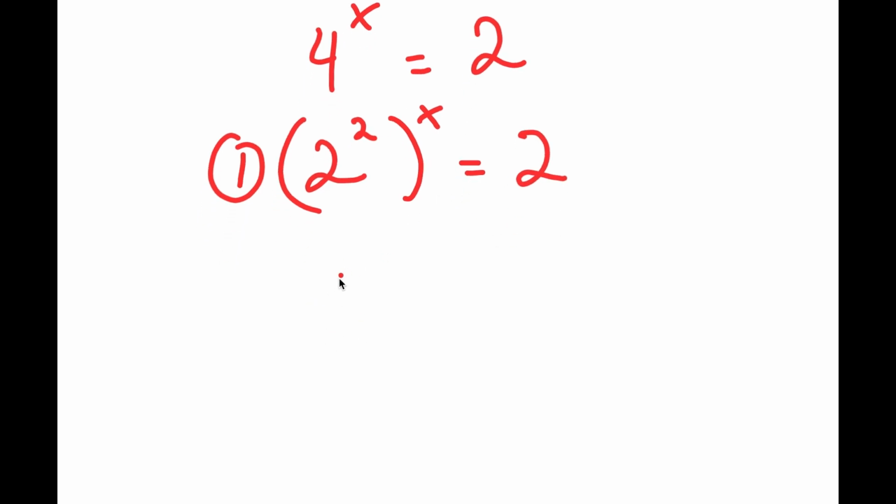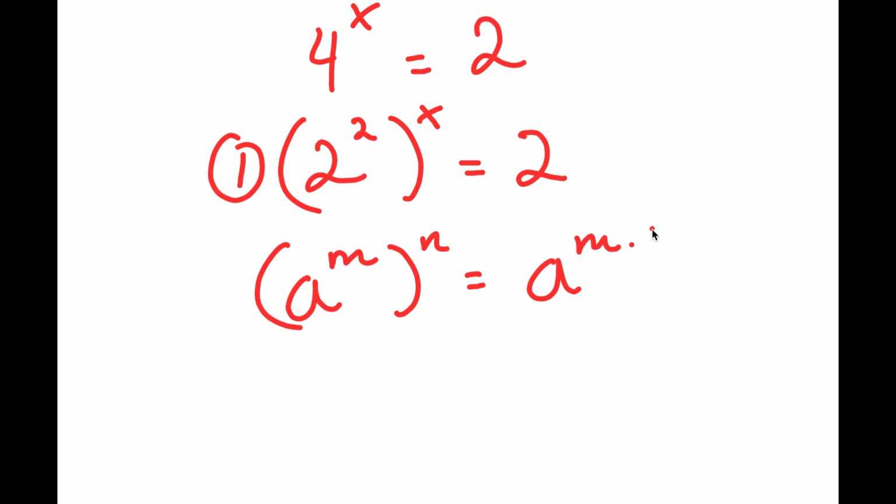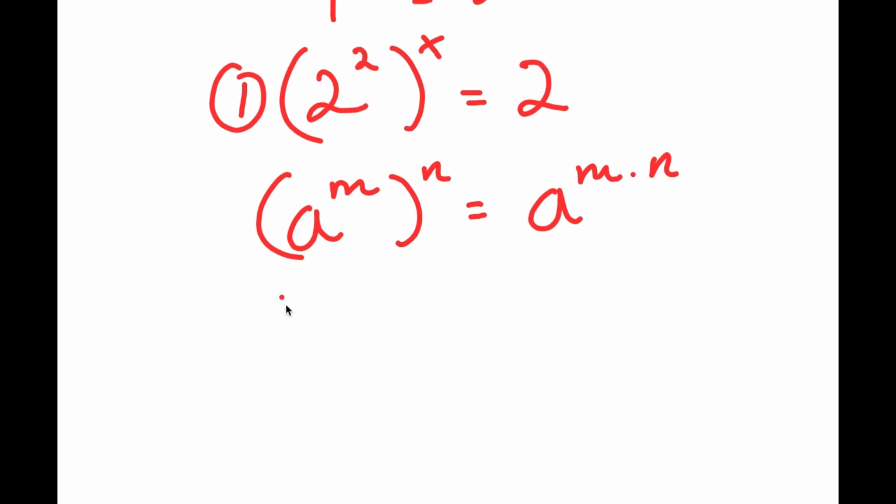If I have something in the form a to the power of m to the power of n, this is equal to a to the power of m times n. So 2 to the power of 2 to the power of x is going to equal 2 to the power of 2 times x, which is 2 to the power of 2x.